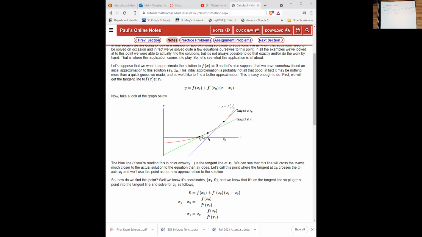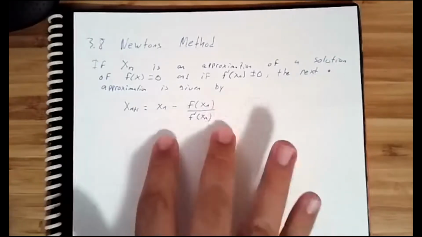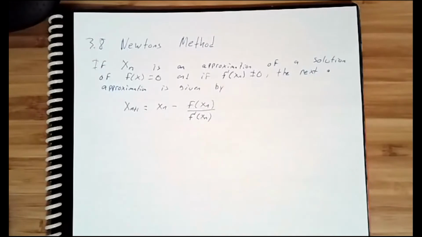You keep doing it until you approach the intersection of the x-axis. In other words, the 0 of the function, if it exists. So that's what this formula is for. Most calculators and computers can do that for you. They most likely have this already inside. They will find it for you and tell you what the 0 is.